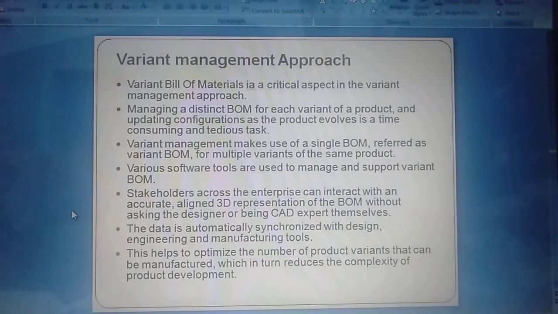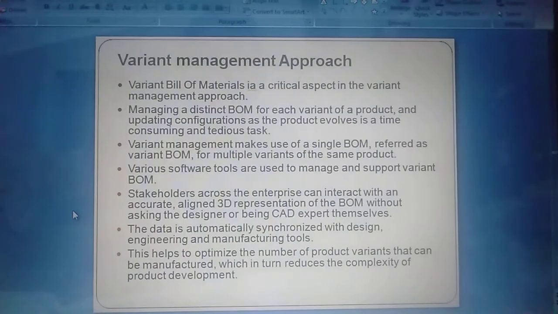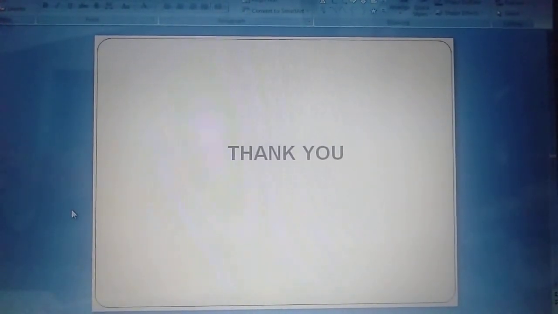The data is automatically synchronized with the design, engineering and manufacturing tools. Because we are using software, anything can be changed and it will be synchronized automatically. This helps to optimize the number of product variants that can be manufactured, which in turn reduces the complexity of product development. So like that, you can approach variant management. With this I conclude today's session. Thank you.